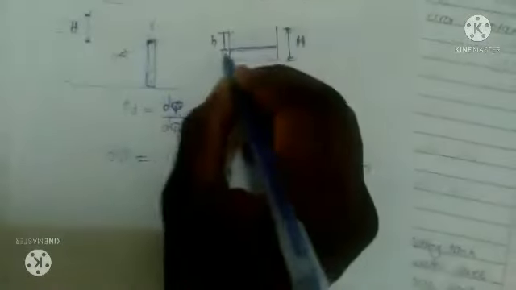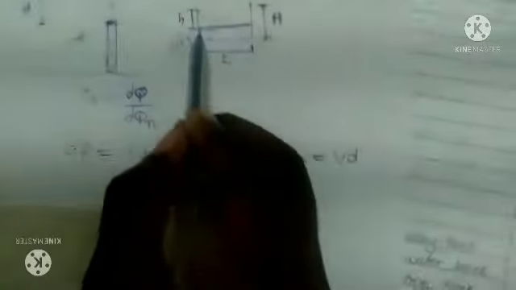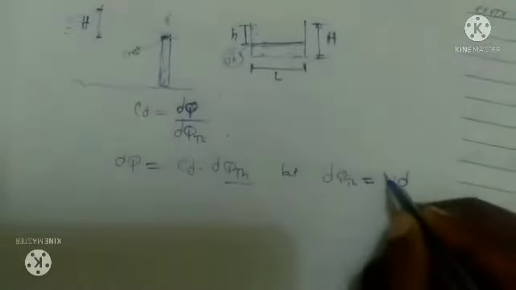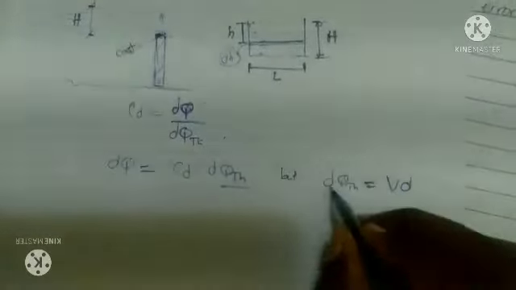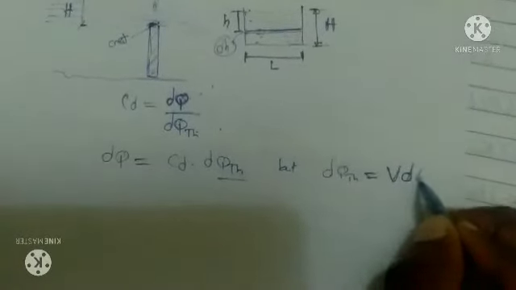Because we are dealing with a small strip, and that strip has its own thickness, which is dh, you can see the variation in the thickness of this strip. So the velocity will be constant. To get the dQ theoretical, it will be velocity times the change of area.